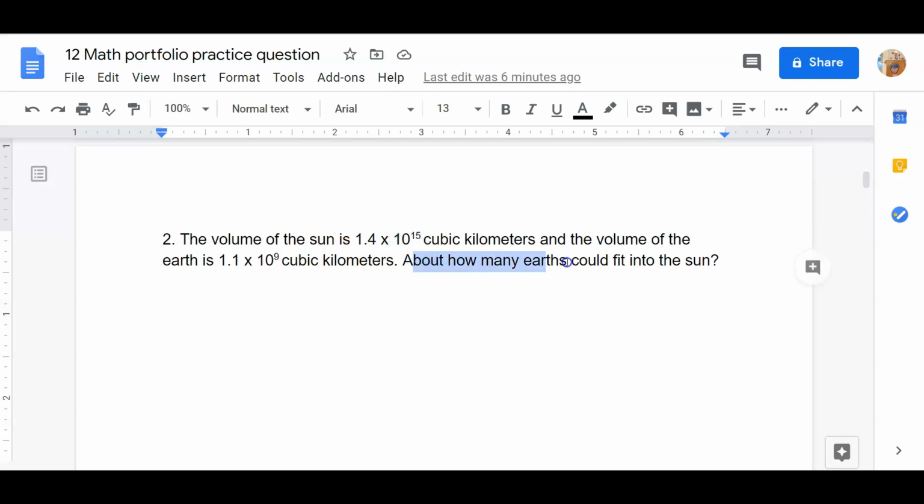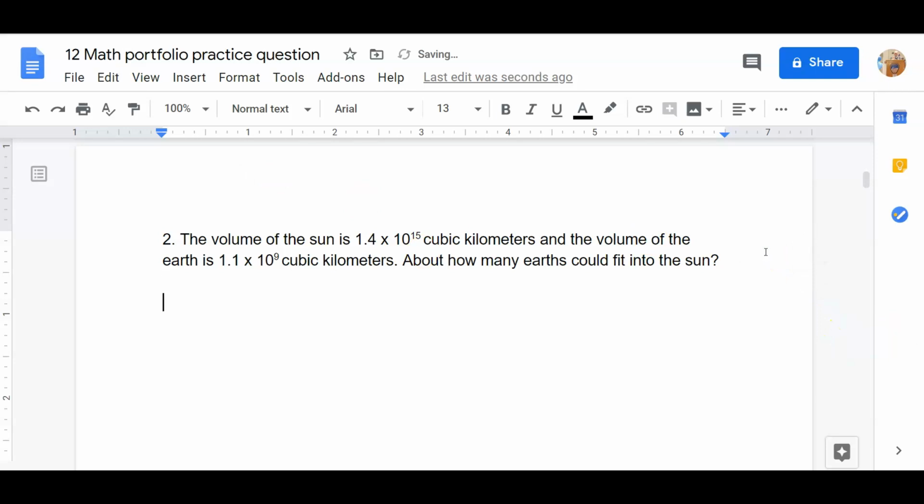And it's asking how many Earths could we fit into the sun. So we would have to use division because you take the size of the sun divided by the size of the Earth, and then you could figure out how many Earths we could fit in the sun.